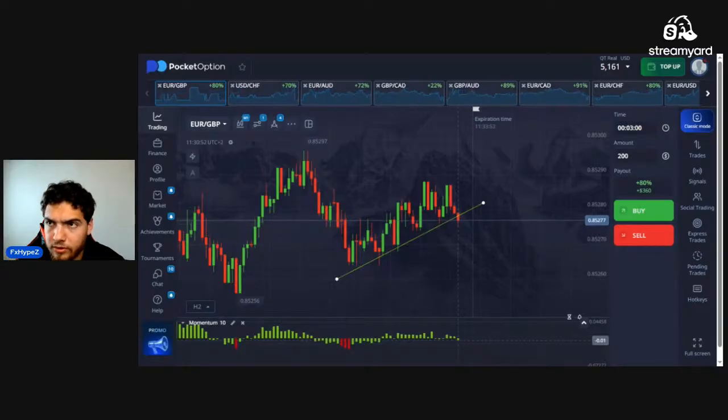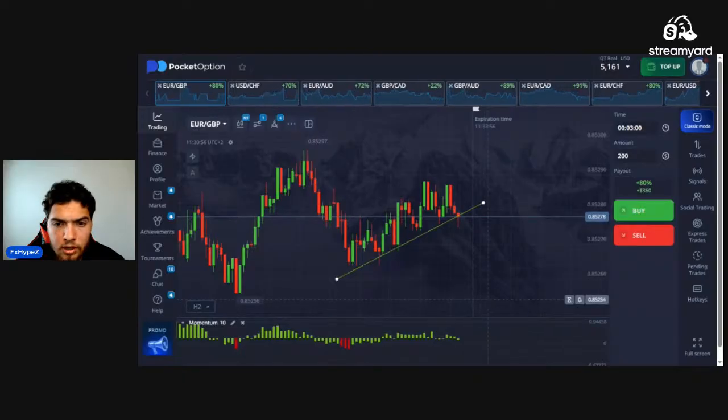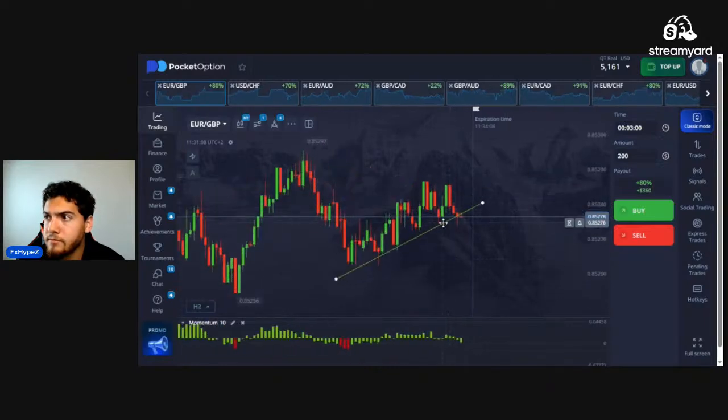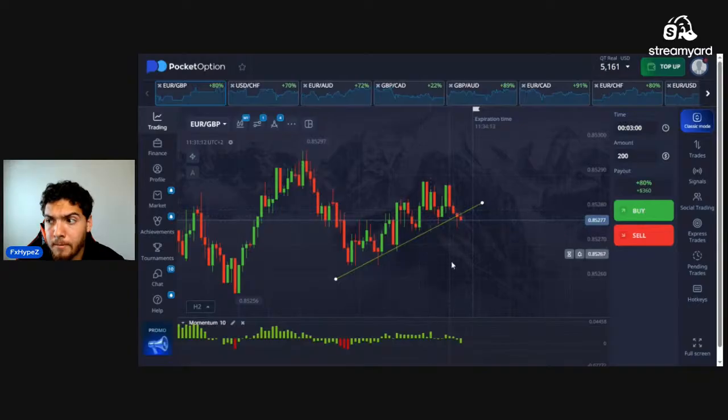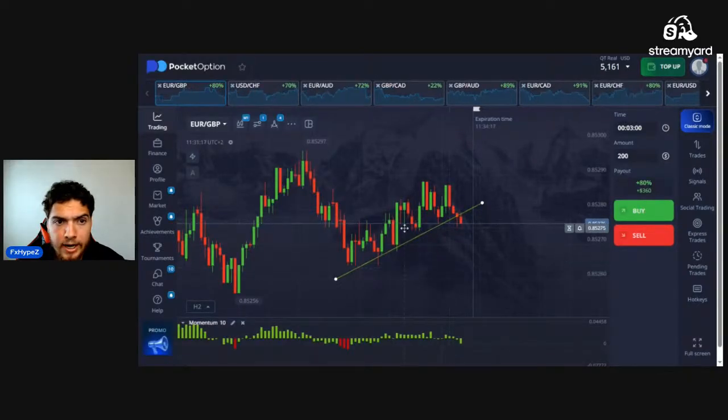So for that reason, I don't think I will look for sells. If we do get some sort of shift from green to red, then maybe, but so far it's not looking that way. Because a sell does look very enticing, I must say. But if momentum's not going to be on our side, then we can't.